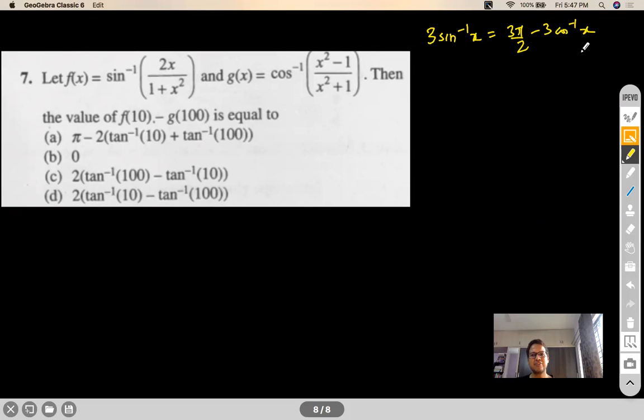So you make the graph of 3 cos inverse x, reflect it about the x-axis, kick it up by 3 pi by 2. You get the answer for 3 sine inverse x. Basic graphs and its transformation. If anybody wants to revise basic graphs and its transformations, do ping me. I will send you the recordings of the last year bridge course session. Okay.